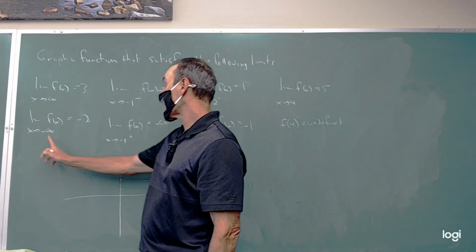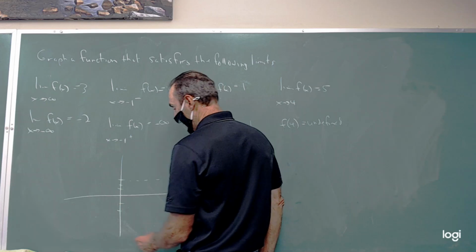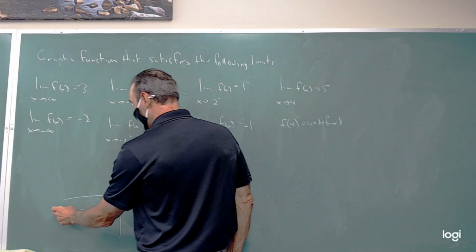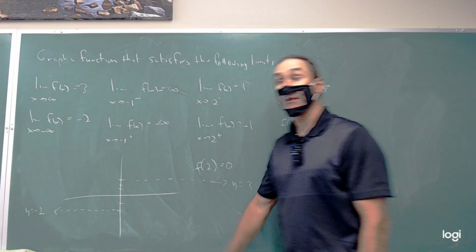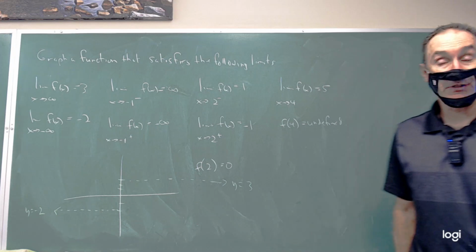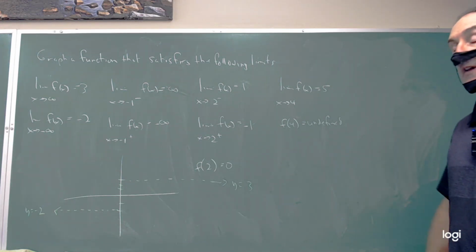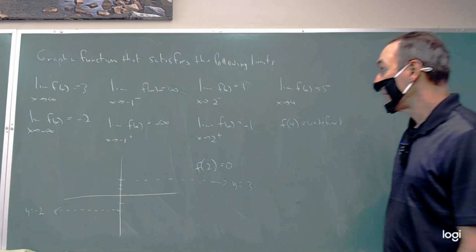The limit as x goes to negative infinity is -2. So I'm going to go to -2, and I'm going to put a horizontal asymptote to the left at -2. So clearly this is not a rational function because we have different asymptotes in different directions. That could never have happened in the problems we talked about in AP Prep last year.